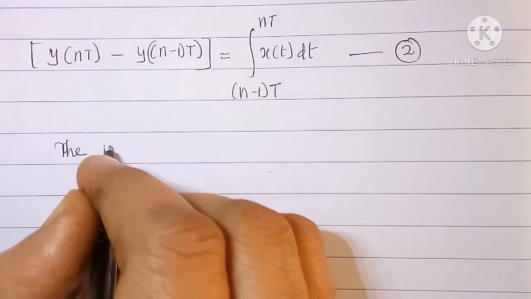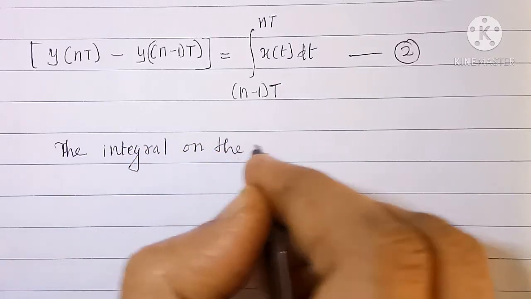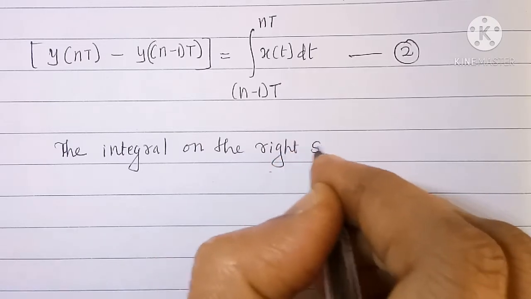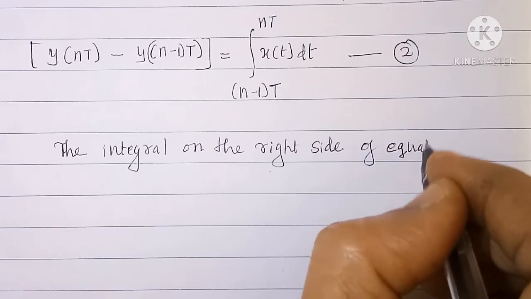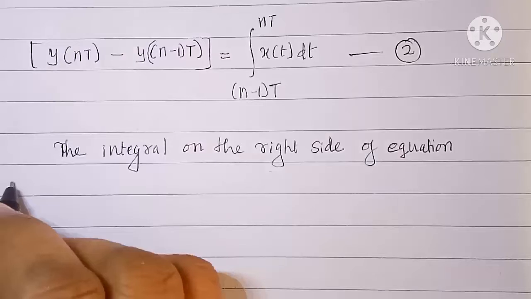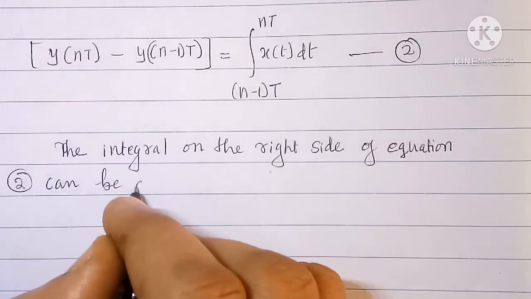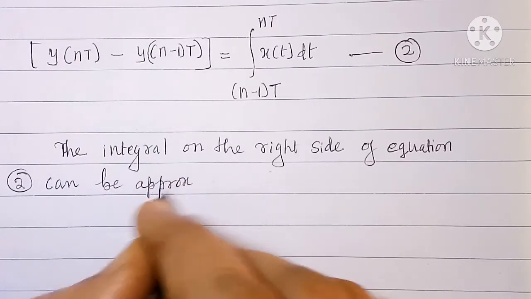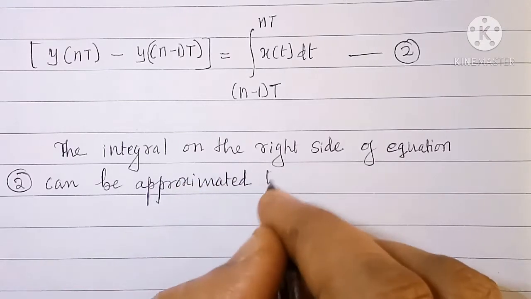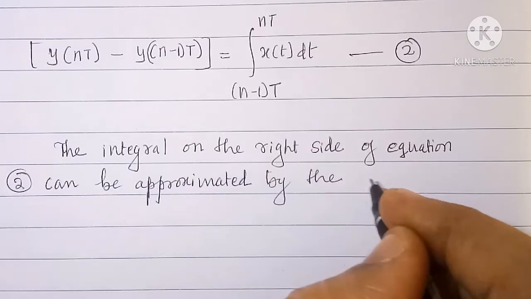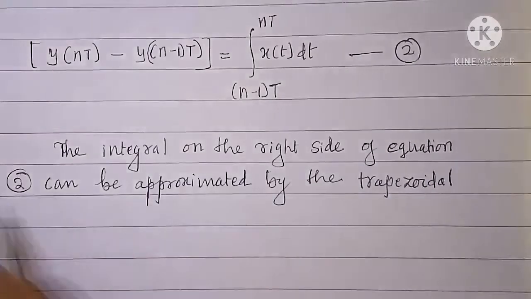The integral on the right side of equation 2 can be approximated by the trapezoidal rule.